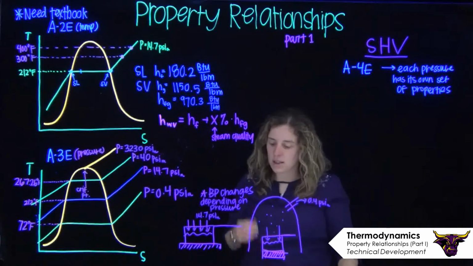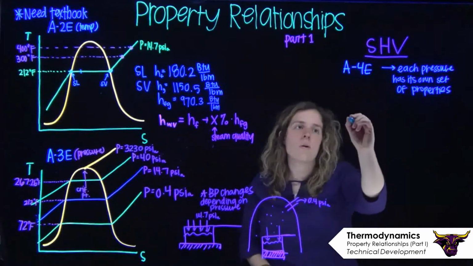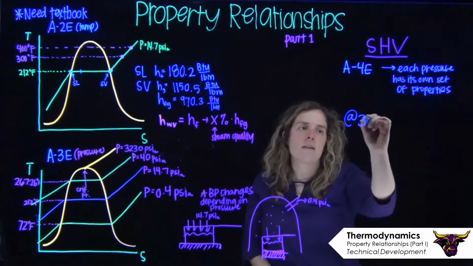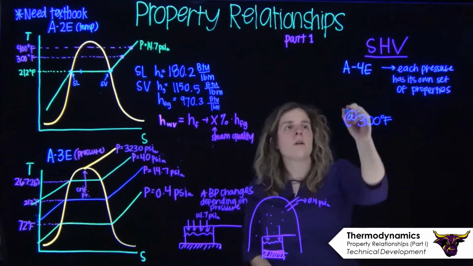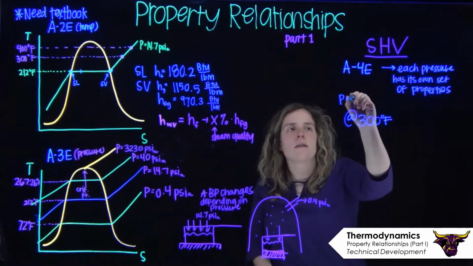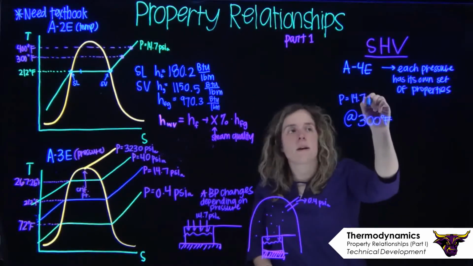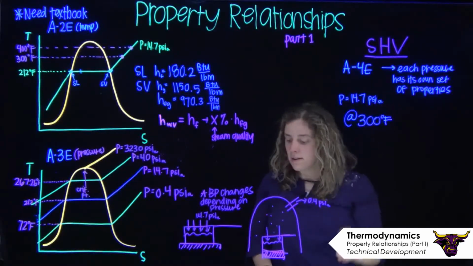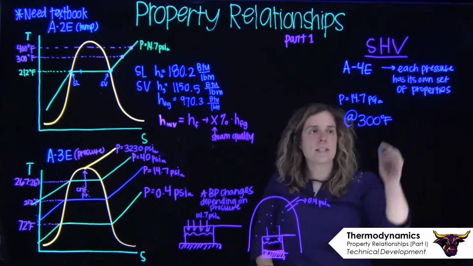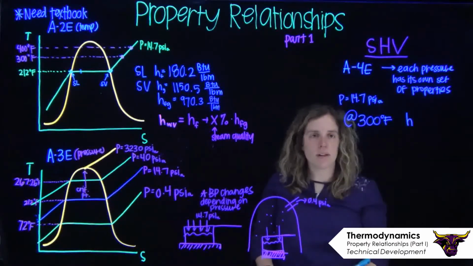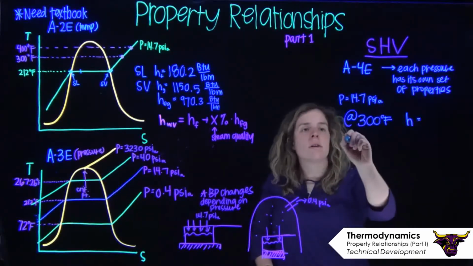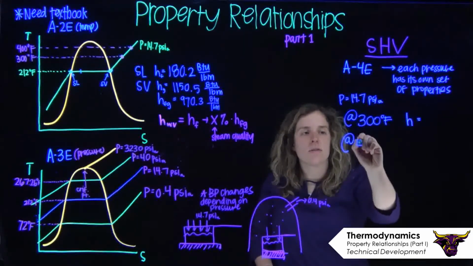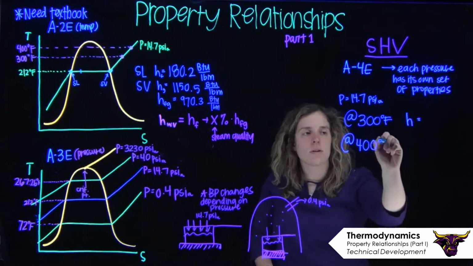So I want you to go to that table, and at 300 degrees Fahrenheit, let's still say our pressure is 14.7 psia, what is our enthalpy? Do the same for 400 degrees Fahrenheit.